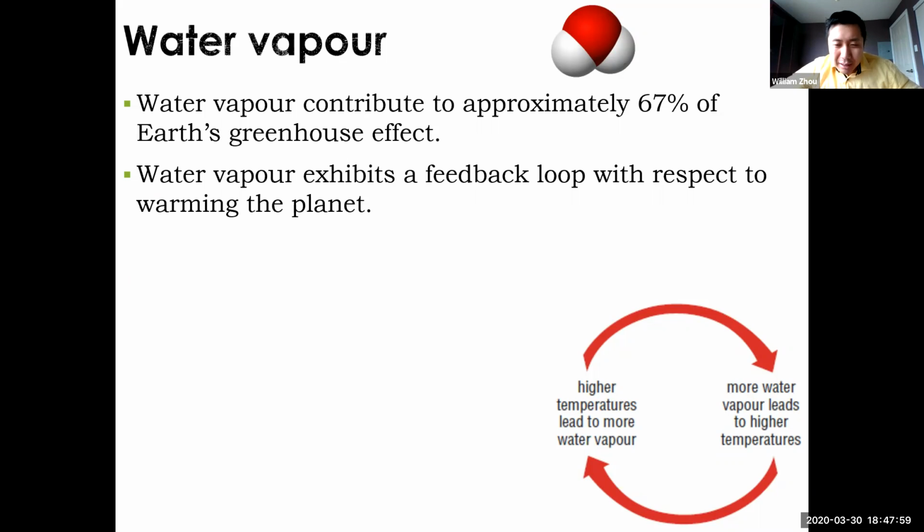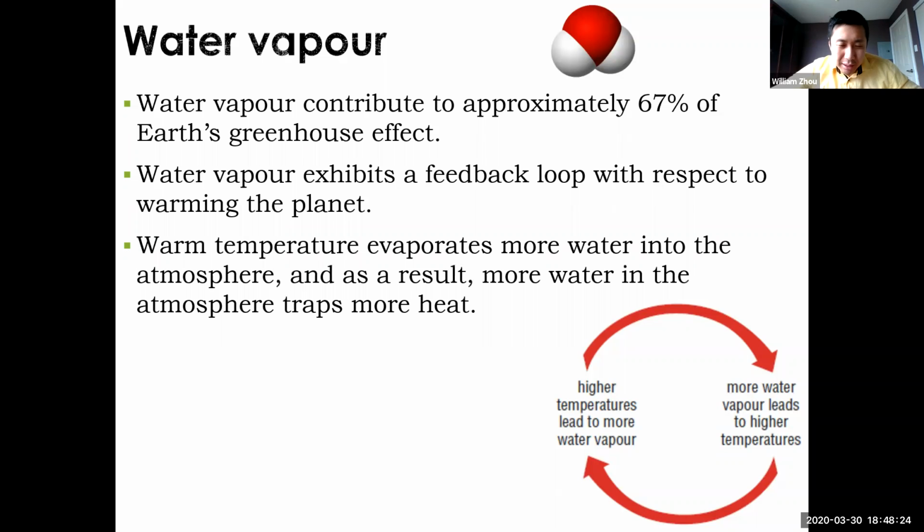And if your planet is warmer, you evaporate more water. So you increase the amount of water vapor in the air. And guess what? That's increasing the greenhouse effect even further, trapping more heat, releasing more water vapor, thus increasing the temperature again, and so on and so on. So this is a vicious cycle. Another example of a positive feedback loop.